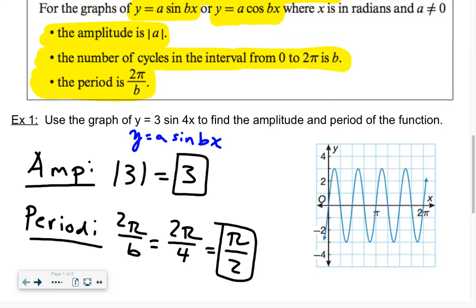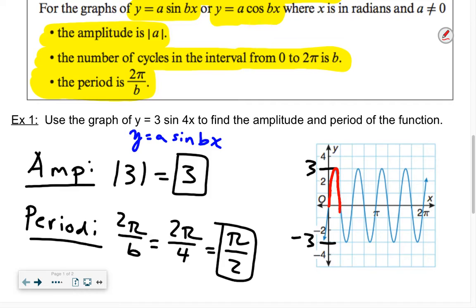So if we take a look at the graph, hopefully this is making sense to us. The amplitude, again, is the overall height. Notice that it goes up to 3 and down to -3. So in a sense, the amplitude is half the height. Okay, -3 to 3 is 6, divided by 2, there's your 3. The period is just how long does it take to complete one repetition or one cycle.